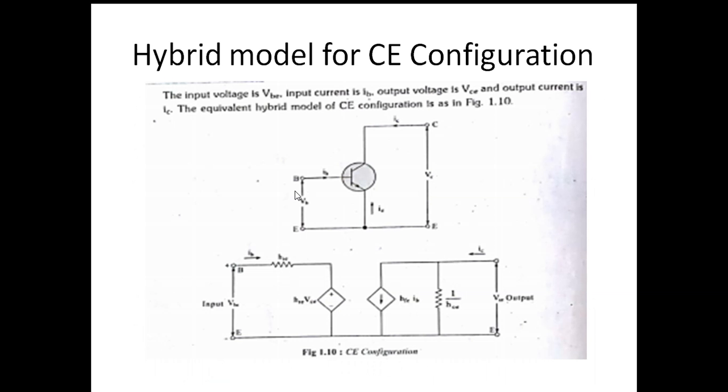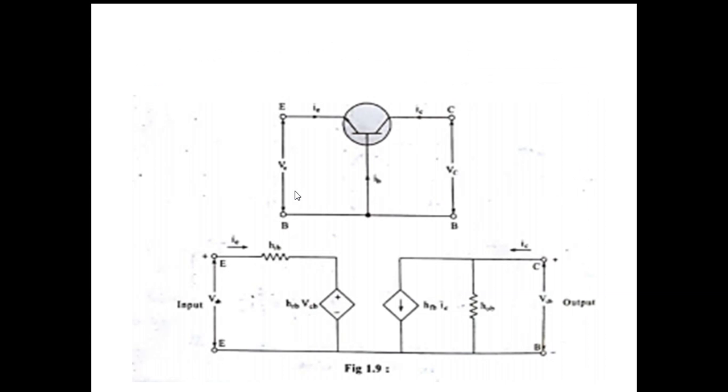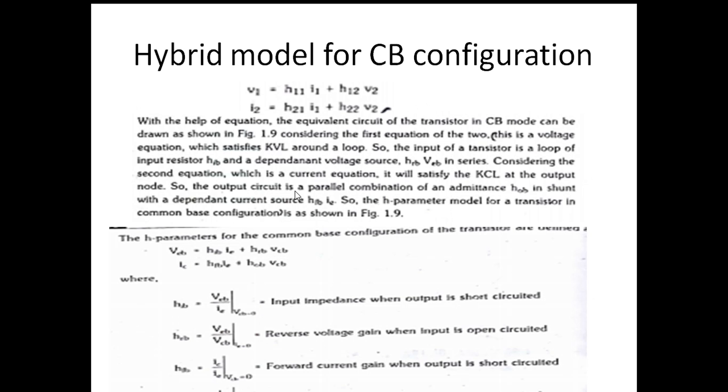As we have already discussed, the hybrid parameters are four: H11, H12, H21, H22. Now for common base, we have two equations, V1 and I2.